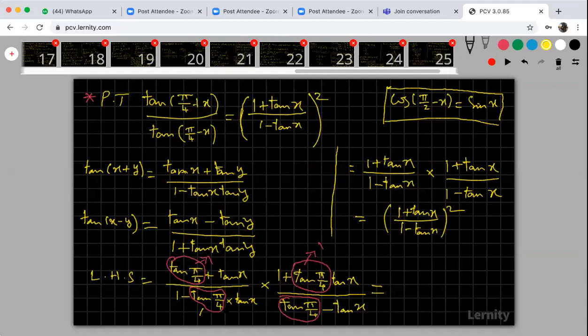That is tan x only coming. 1 minus tan x only here, not 1 minus 1. Similarly here, this is 1 into tan x, this is 1 minus tan x. You please apply properly and simplify properly. It is not 1 minus 1 because tan x is there. Okay, this is the right hand side.